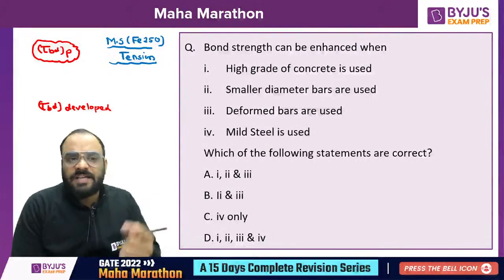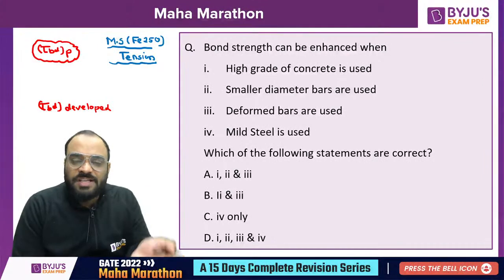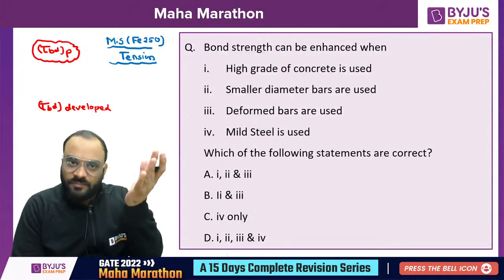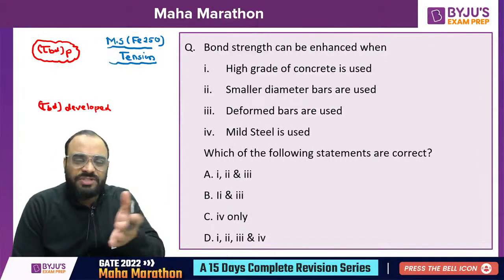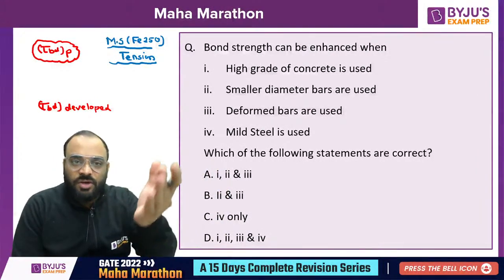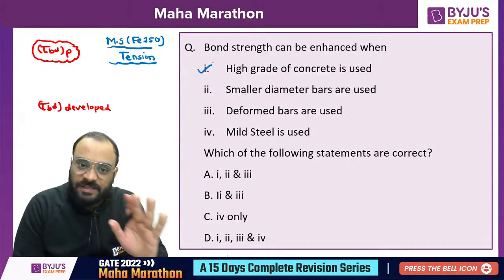But just imagine, if I am using a high grade of concrete, then if you increase the grade of concrete, this particular value will get increased. Clear? Because the value recommended by IS 456 increases as per your grade of concrete, right? So that's why the first statement is correct.